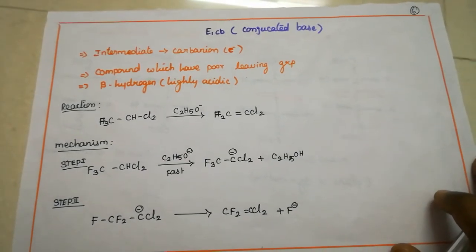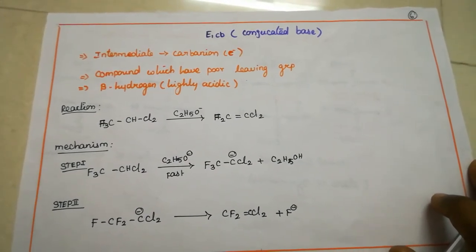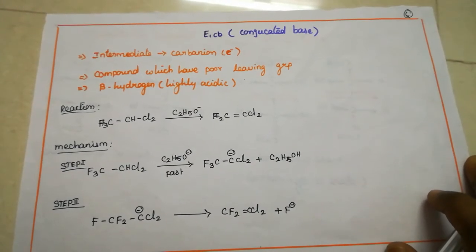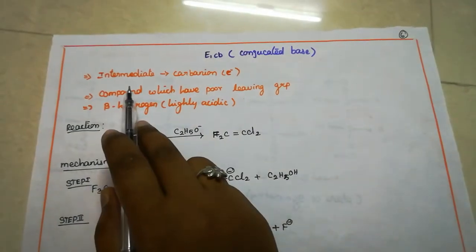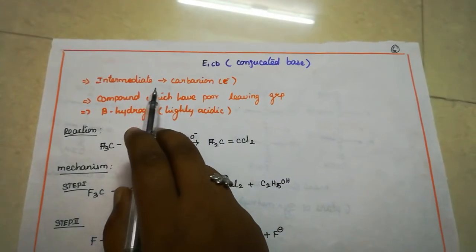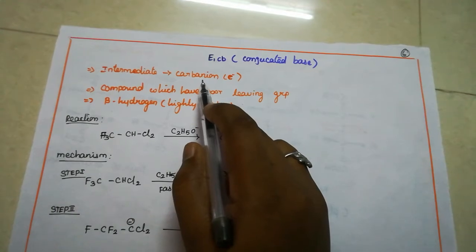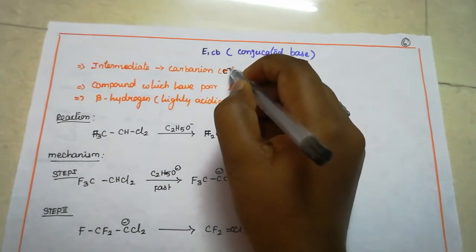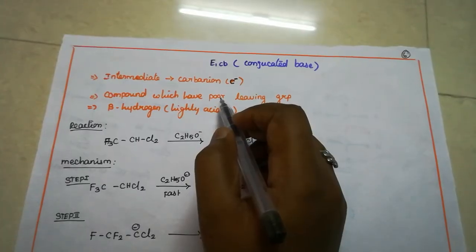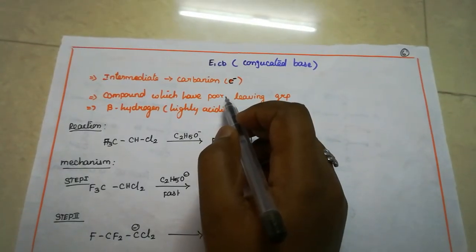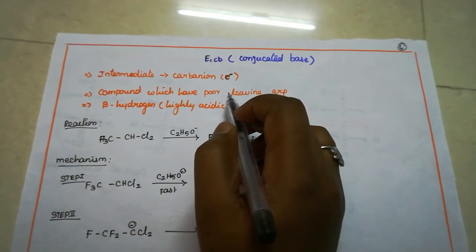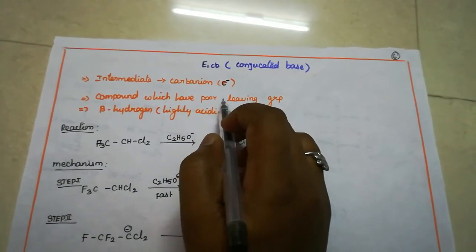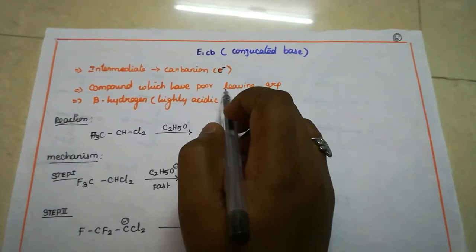The next reaction is E1 conjugate base, E1CB. This is also an important reaction. It has 3 points. First one is intermediate. The intermediate in this reaction is carbanion, which means C minus. The next one, a compound which has a poor leaving group, because the compound finds it difficult to remove electron from the carbanion easily.